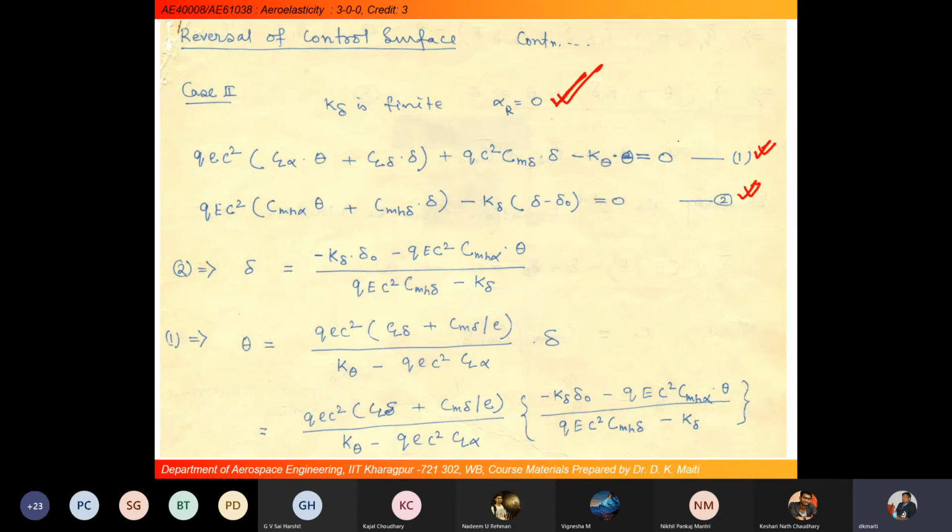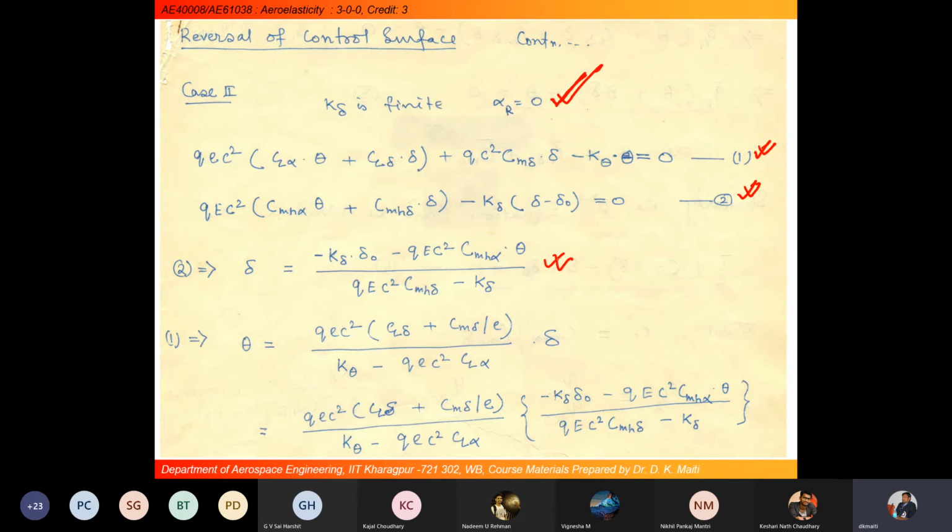We can solve directly, or we can approach it as I have shown here. From the second equation, first I am calculating the value of delta, because it can be solved without any trouble, or from the first equation also we can calculate.